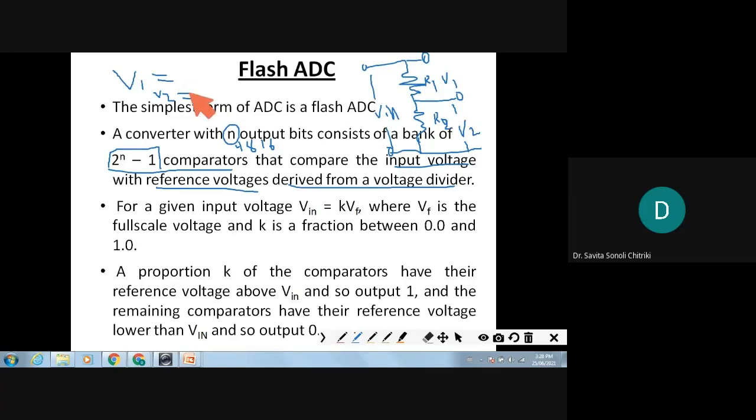Can anybody tell me? Vin divided by R1 plus R2. What should be there in the numerator? Vin, ma'am. Vin. Do you need anything else along with it? Vin into... just Vin only? V2, ma'am.